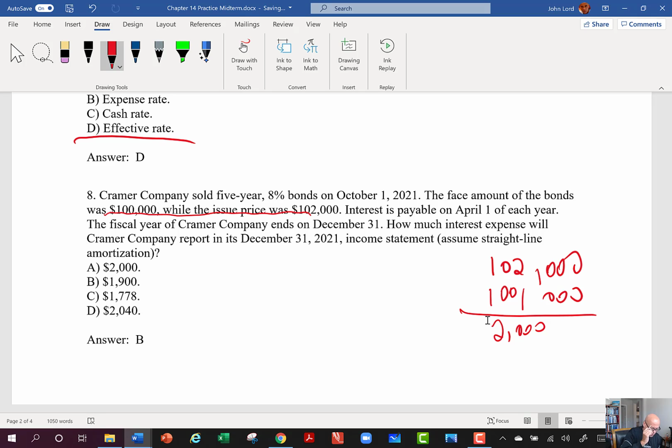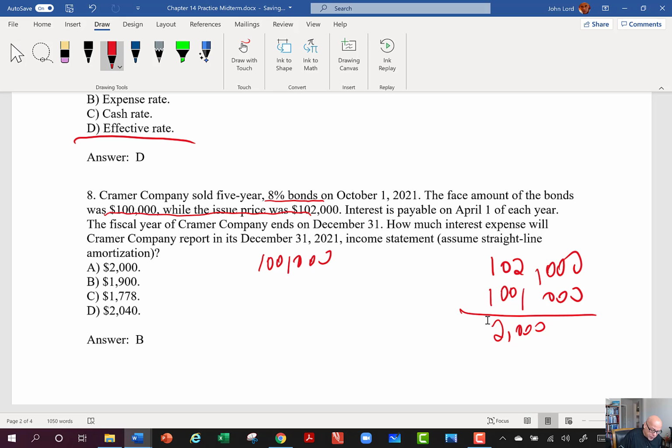I have to figure out, well, what would be the cash interest first? So, $100,000, right? Cash interest is 8%, and I don't know that they use the word semi-annual. Well, is it semi-annual?